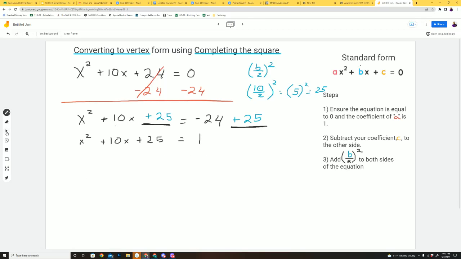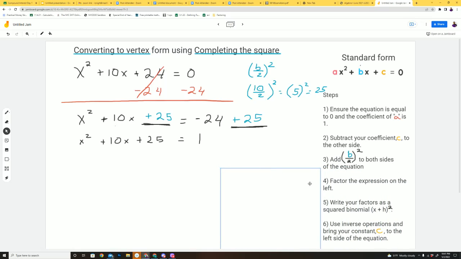Now, we're going to go on to step number 4, which is to factor the expression on the left. I'm going to just show the rest of the steps. Factor the expression on the left. I have x squared plus 10x plus 25. I'm looking for two numbers that when you multiply them together will give you 25, and when you add them together will give you 10.